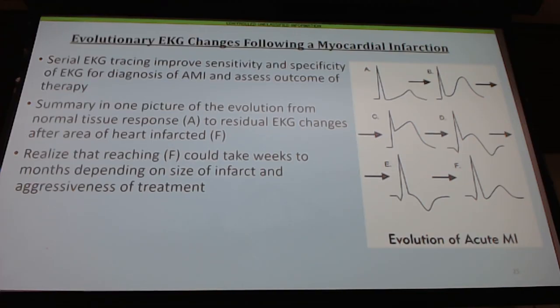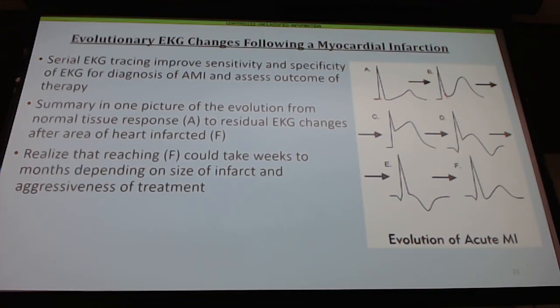Okay. And this is just an EKG tracing, kind of showing you the evolving EKG changes of somebody who had a STEMI. So the patient starts to have pain, you don't really see much change, but then you start to see that ST elevation start to rise.